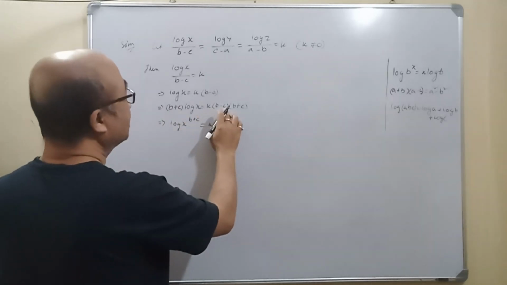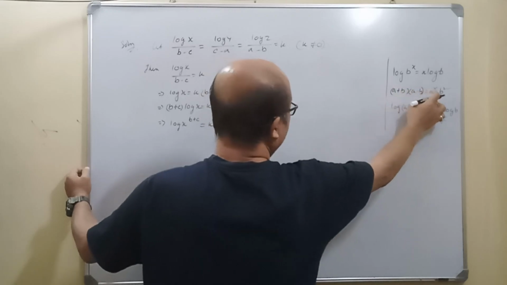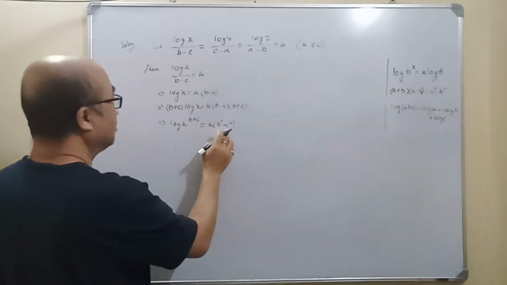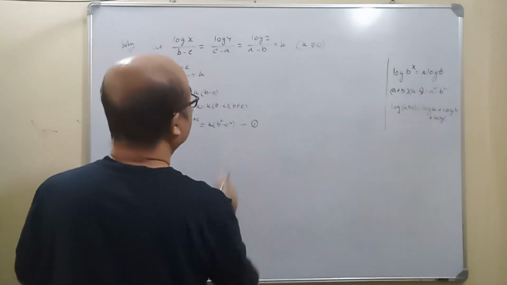And b minus c into b plus c, by the formula a plus b into a minus b equals a square minus b square, is b square minus c square. So log of x to the power b plus c is k into b square minus c square. Let us take it as equation number 1.